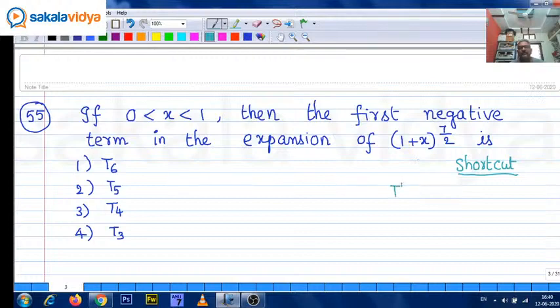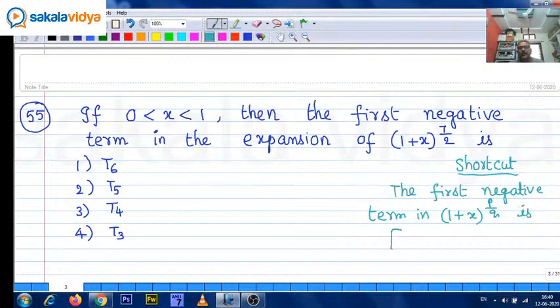The first negative term in (1 plus x) whole to the power of p by q, a rational index where q does not equal 0, is the integral part of p by q, the integer function, plus 3. So you remember this shortcut. Now here we need to find out.